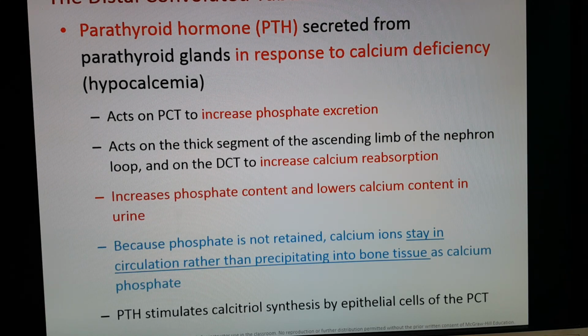So getting rid of your phosphate and allowing more calcium to be reabsorbed helps your calcium stay in circulation, keeping the phosphate away from the calcium so that they don't precipitate or form, in a sense, the bone crystals that make up the minerals inside your bone as calcium phosphate.